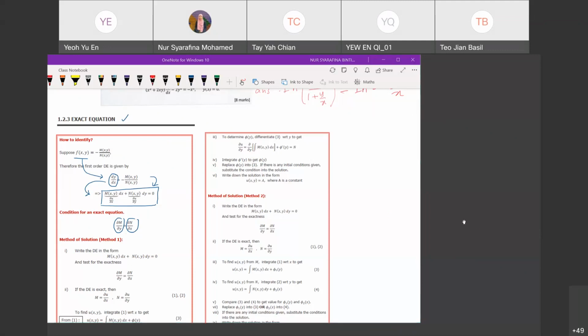So first example for an exact equation, we have what?